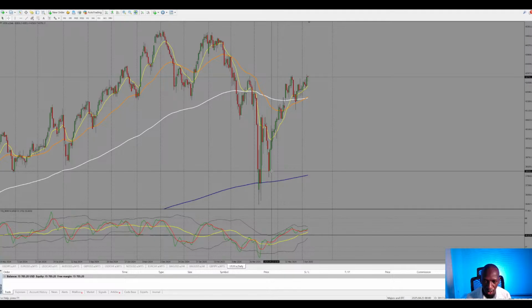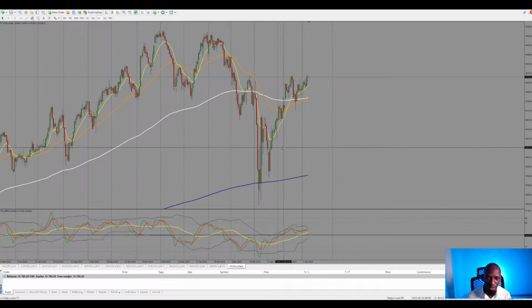higher low, confirmed by this break of structure here, which gives a higher high, and then this continues back up without ever retesting this area, which is quite strange.